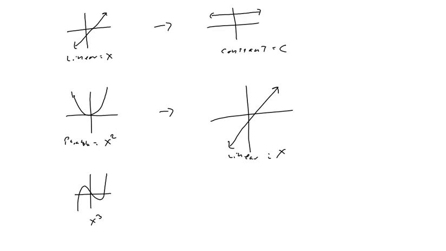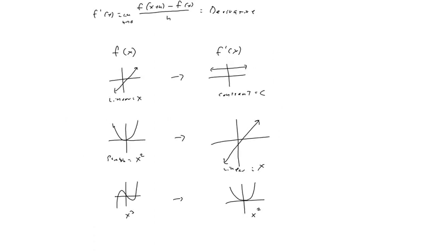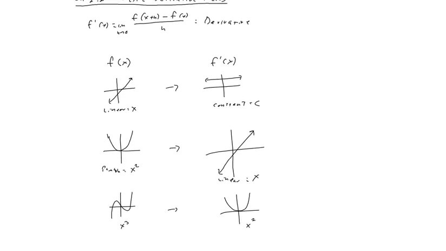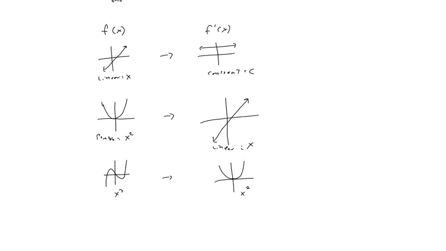The derivative of x to the third power became an x to the second power parabola. So we can tell that there's some kind of pattern going on. Linear becomes constant, squared becomes linear, cube becomes squared. We're always reducing the exponent by 1.